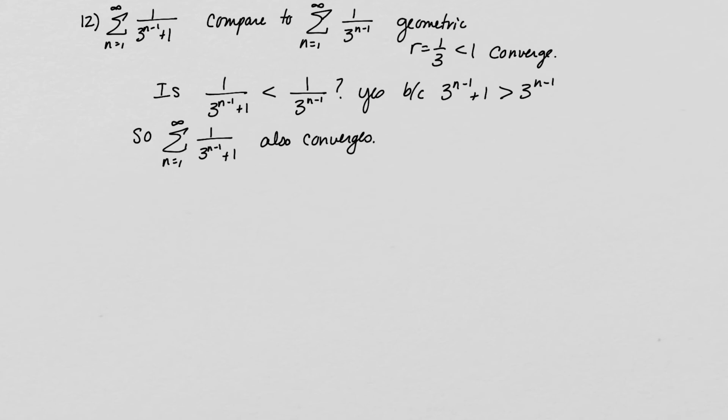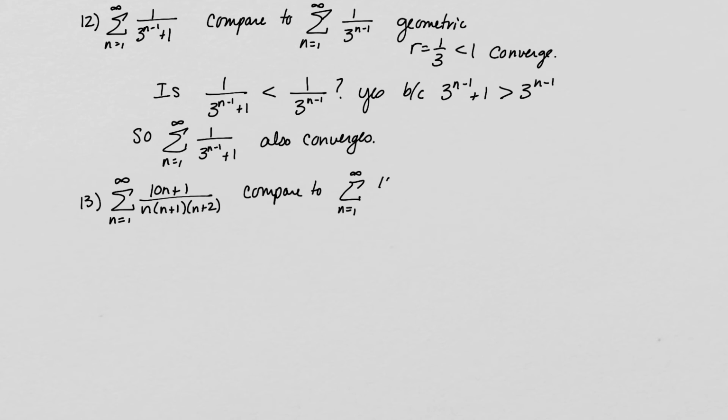Okay, and then the last one in this section, number 13, asks for the summation n equals 1 to infinity of (10n plus 1) over n times (n plus 1) times (n plus 2). So again, I'll compare to a summation n equals 1 to infinity.